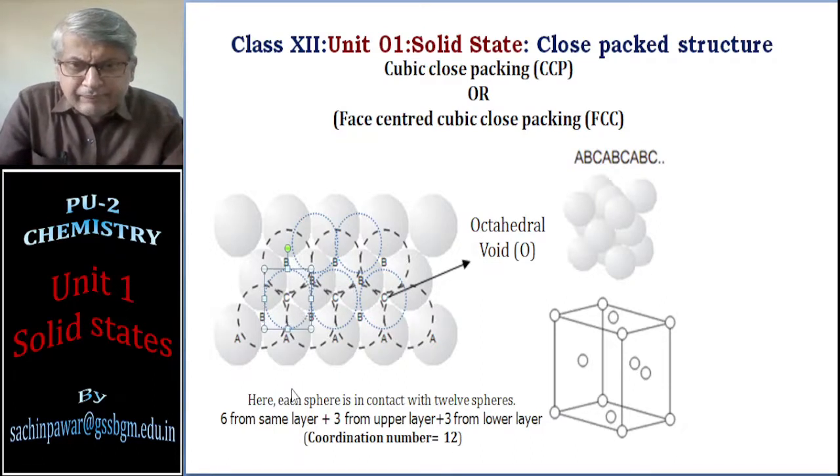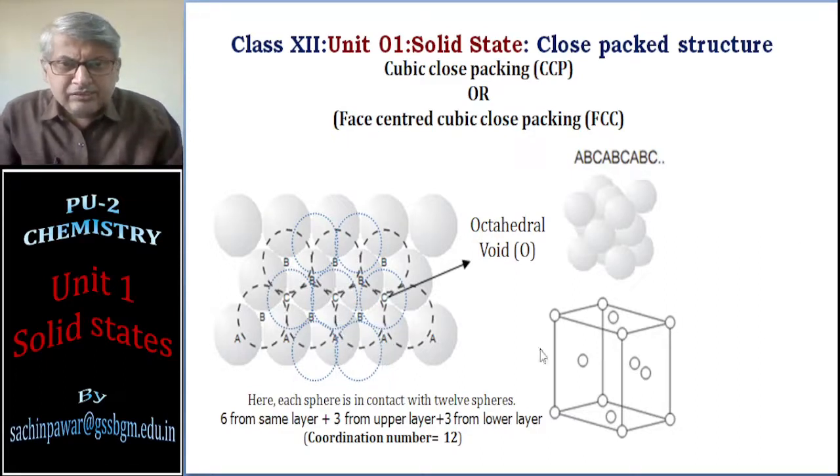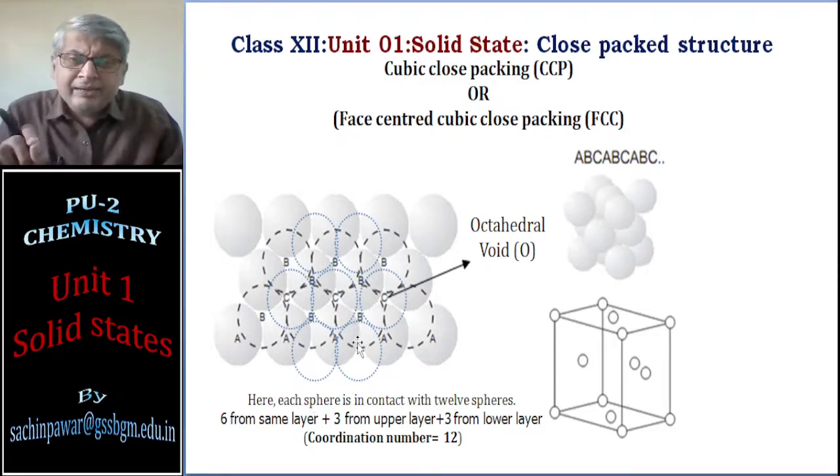For this, let me add a few more particles here. Okay, so this is the third layer of particles I have arranged. Now if you just take any particle in the second layer, just see how many particles it is in contact with.